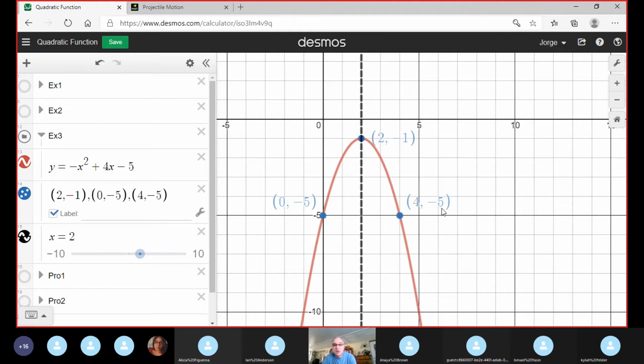So it's 4, -5. The same y component is -5, but the x component is now 4, because 4 is 2 plus 2: this 2 is h, plus the distance. And we have 3 points, and that's it. This is the graph of example number 3.